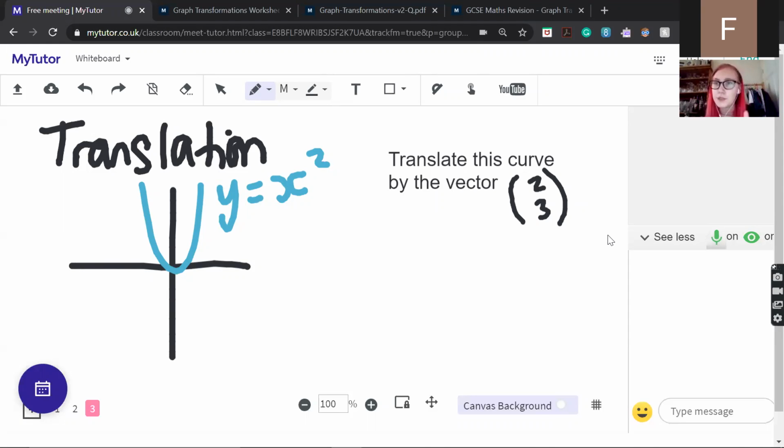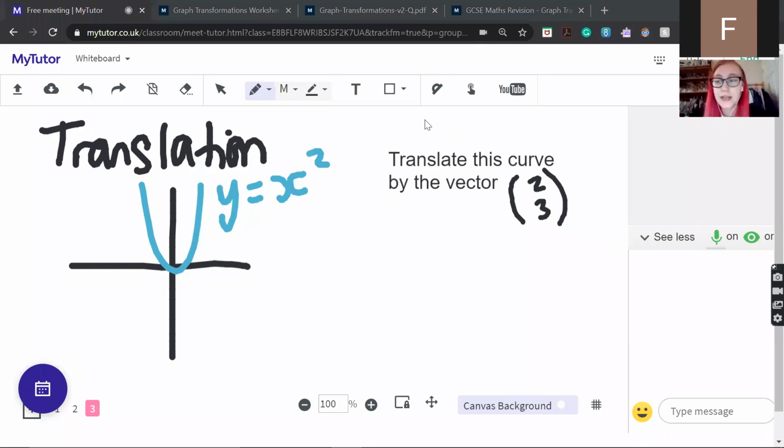And the same with the bottom one, a negative 3 would mean 3 down. So that's how to read and understand vectors. Someone said, why are the brackets like that? That's just convention, basically. That's just what the big maths people have decided. That's just how we write them.